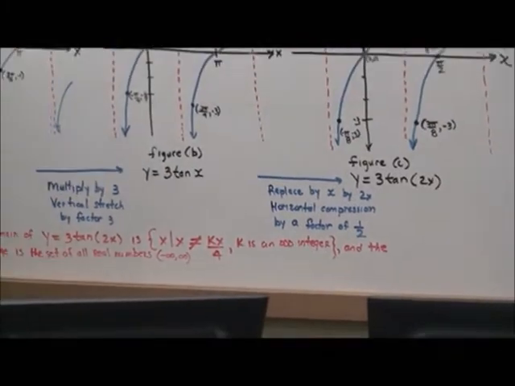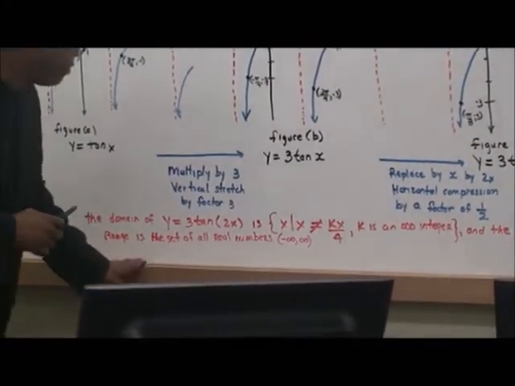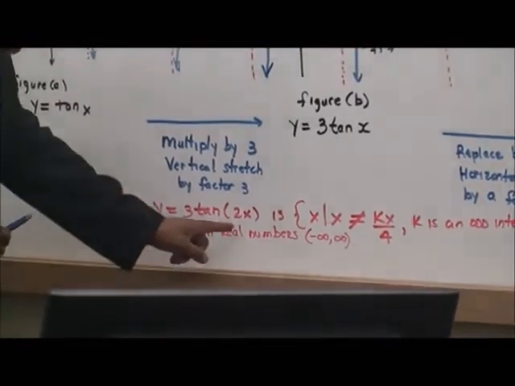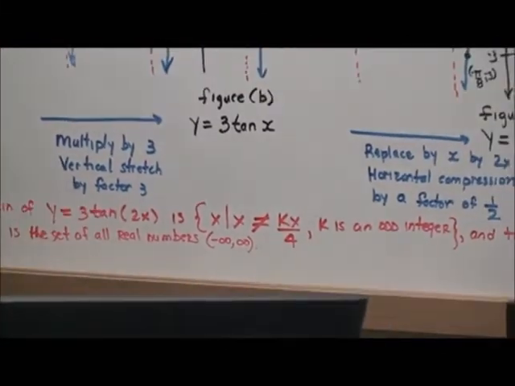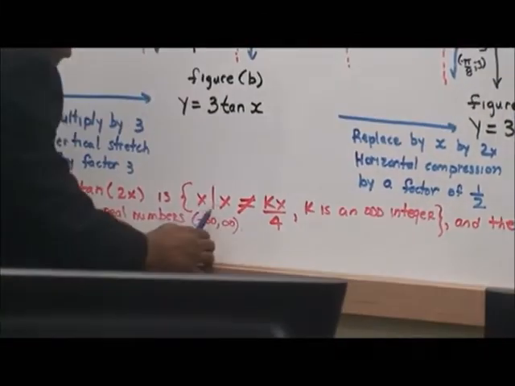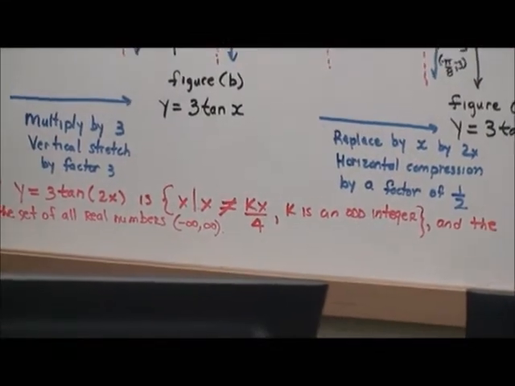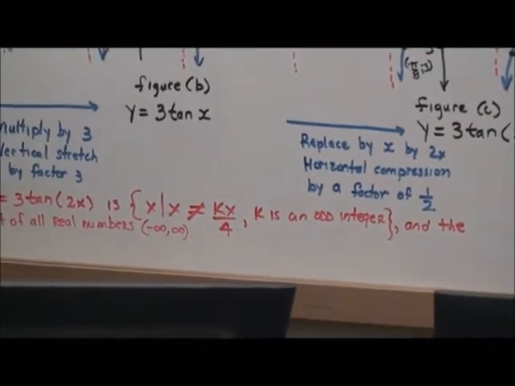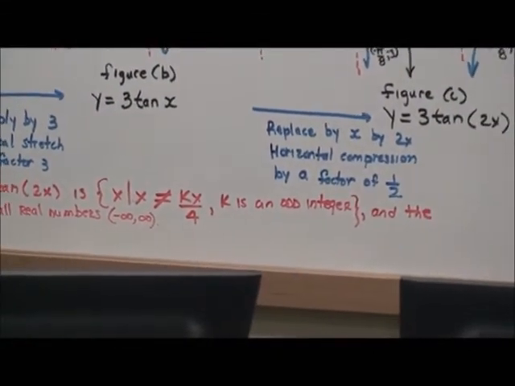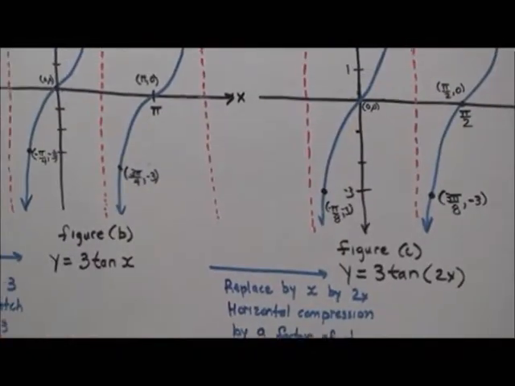Right? So let's look at the domain though. The domain of y equals 3 tan 2x is the set of all x such that x cannot equal some value k times pi over 4. Again, k is an odd integer. And the range is the set of all real numbers.